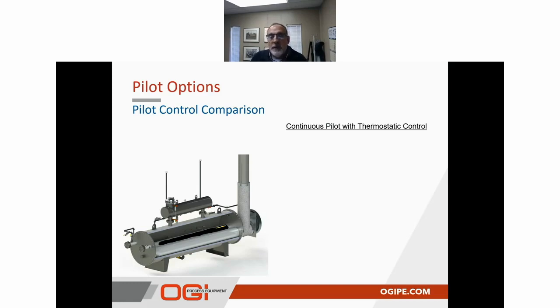So for a continuous pilot with thermostatic control, the advantage is obviously the pilot remains lit, eliminating the pre-purge requirement between main burner operations or cycling. It also ensures that the heater is ready for operation for the main burner. This is one of the reasons we all know in the industry that the heart of our heaters is the pilot and the integrity of that pilot.